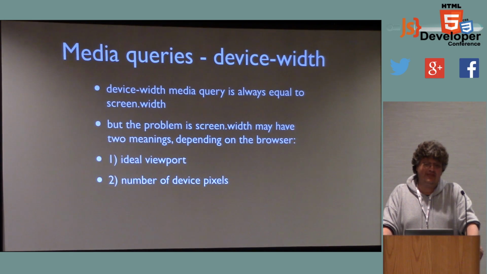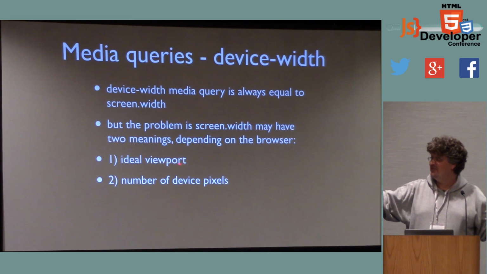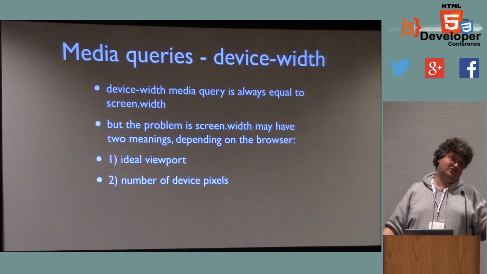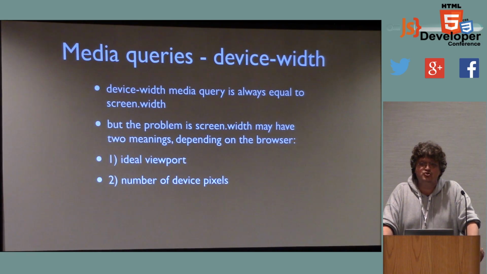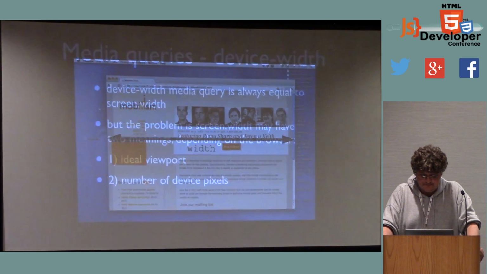So if you use the device-width media query, it will work right on Safari, which uses this definition. It will work right on Chrome, but it will work wrong on Android WebKit, the old Android default browser, which uses the other definition. And that's not what you want. So please do not use the device-width media query. It's not suited to the job.